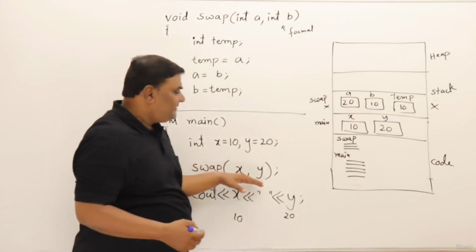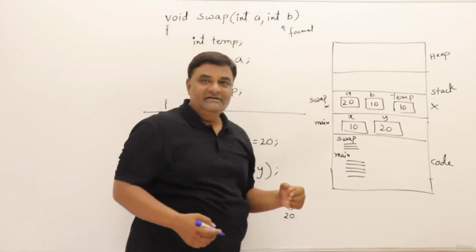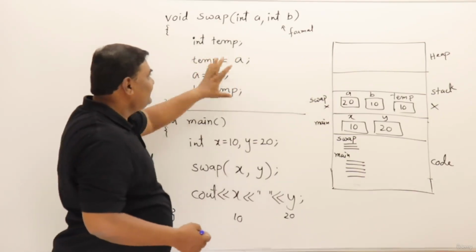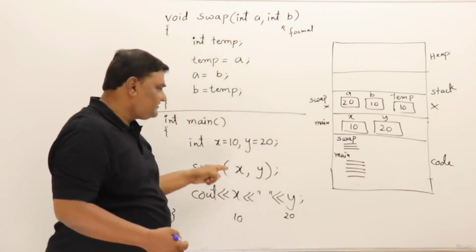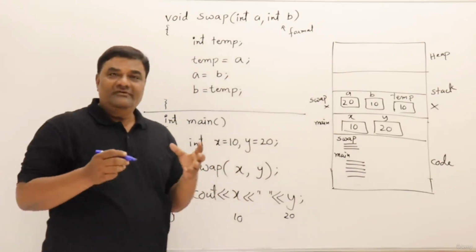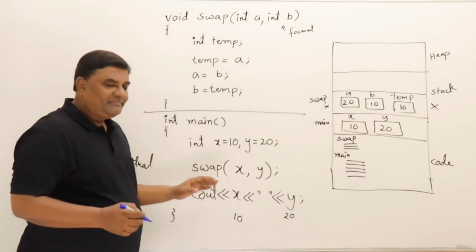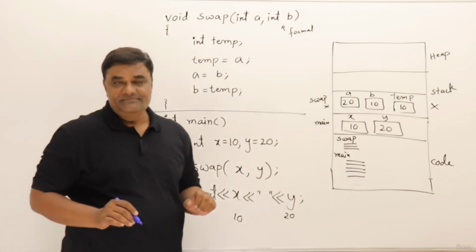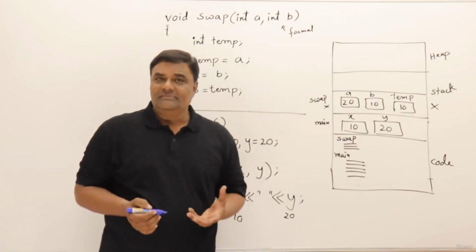The value of the actual parameter is copied in the formal parameter, and if any changes are done inside the formal parameters, it will not change the actual parameters. So if you want the call by value mechanism to modify actual parameters, it cannot do that. Then when do you use call by value?